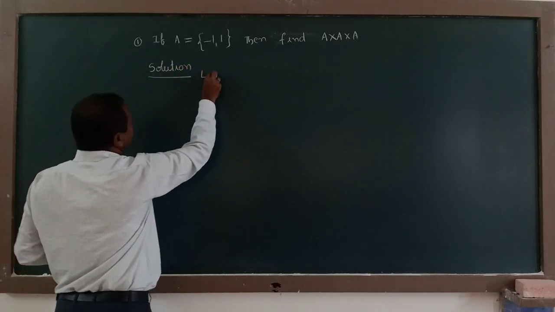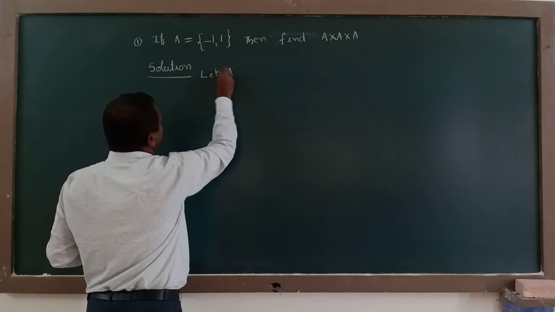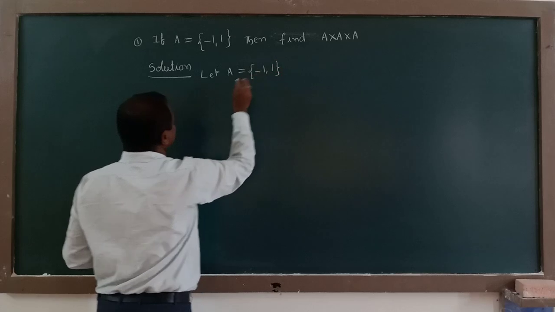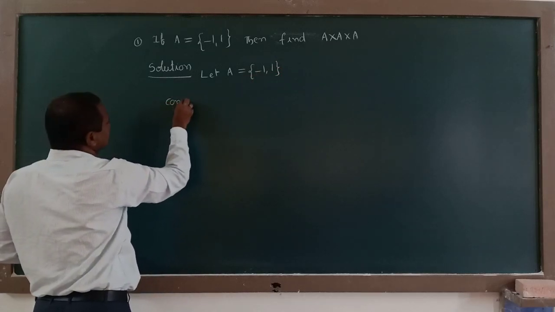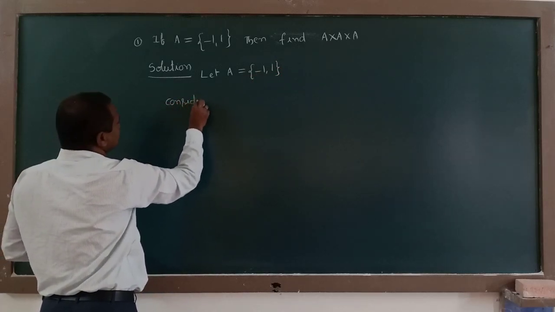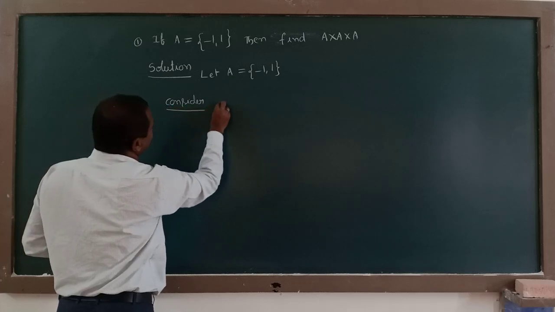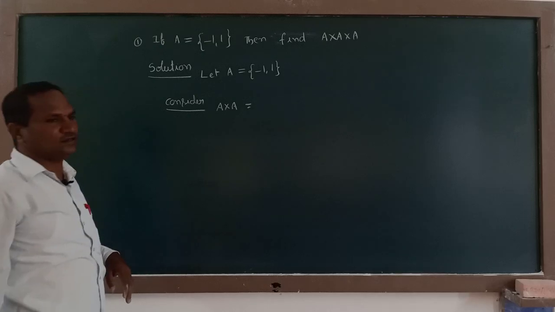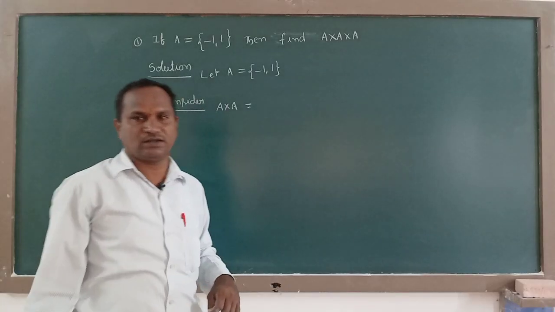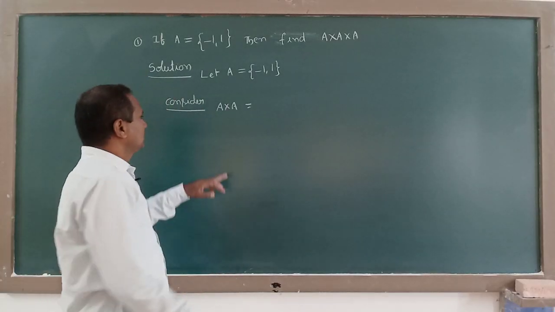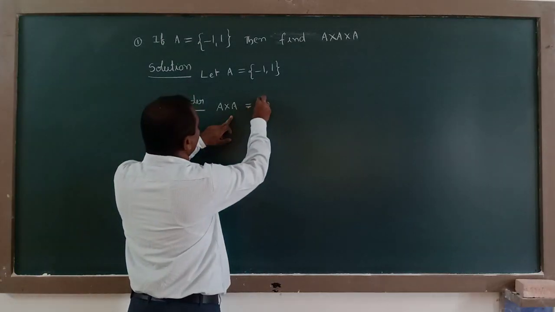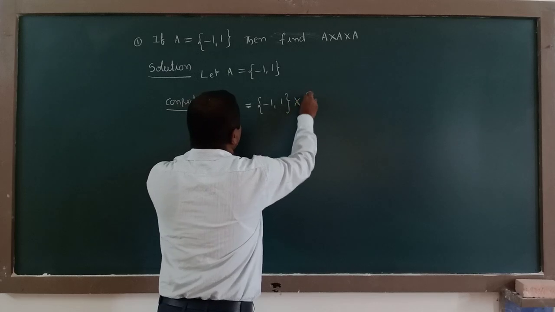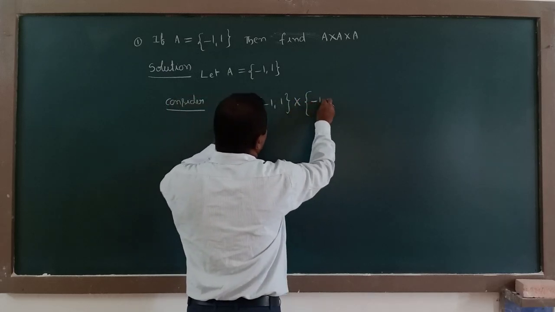let A is equal to the set of the elements minus 1 comma 1 here. Now consider A cross A: first take A cross A, and afterwards take A cross A cross A. A cross A means the set of the elements A, minus 1 comma 1, cross A, minus 1 comma 1.